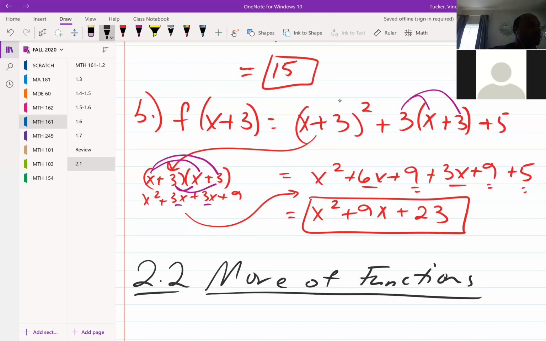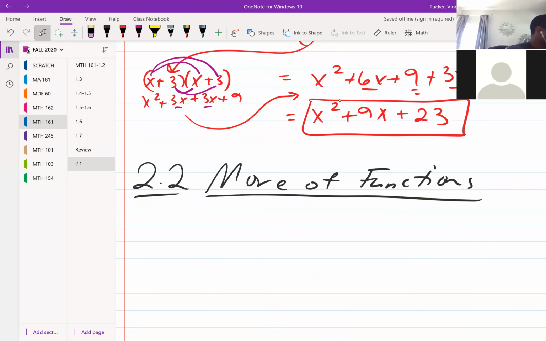So we'll at least get started on 2.2, see where it takes us.